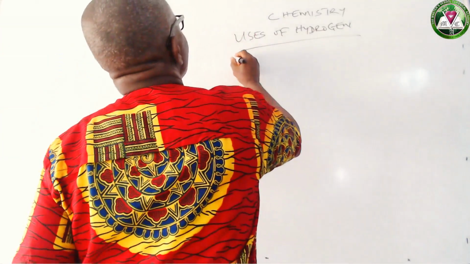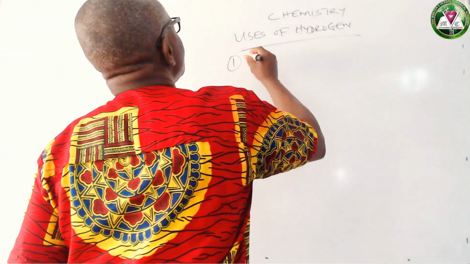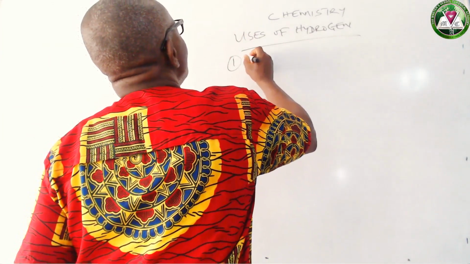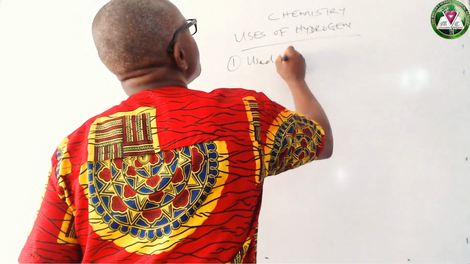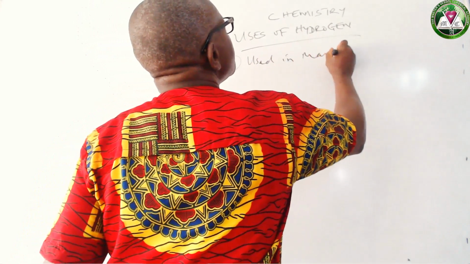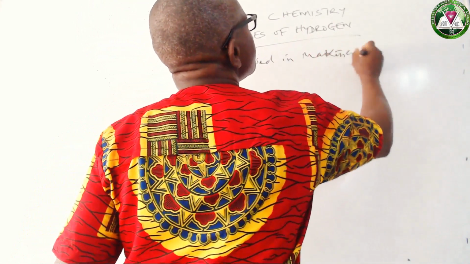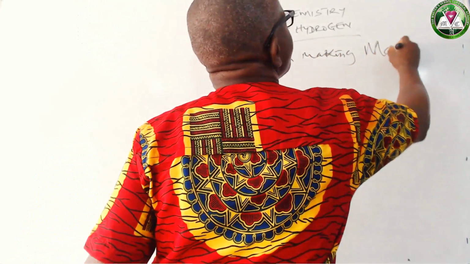Under the uses of hydrogen, we'll look at hydrogen being used in margarine.